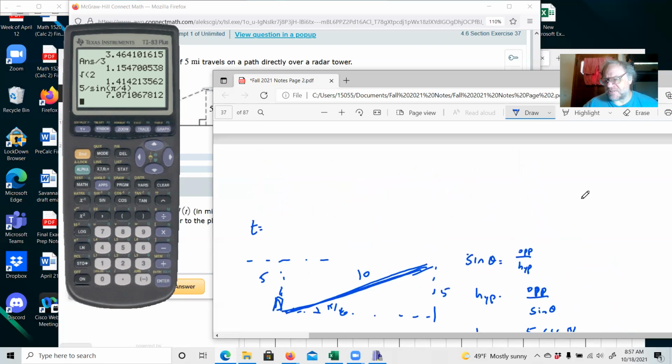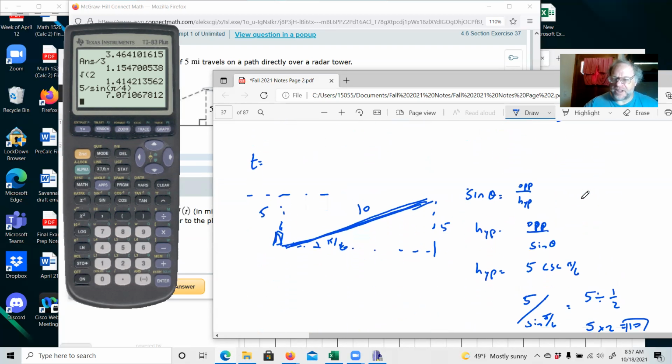So I think you're sensing a pattern of what's going on here. So could we say the distance, as a function of the angle, is equal to 5 cosecant of t, where t is the angle from standard position to the elevation of where the plane is. 5 is going to be that.